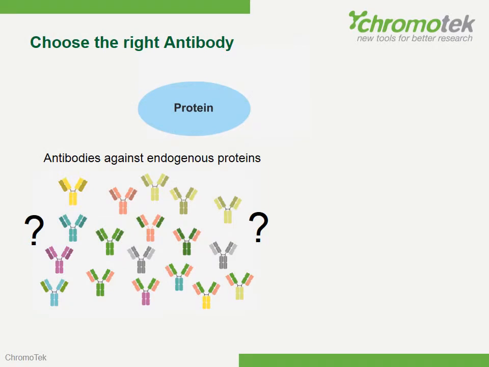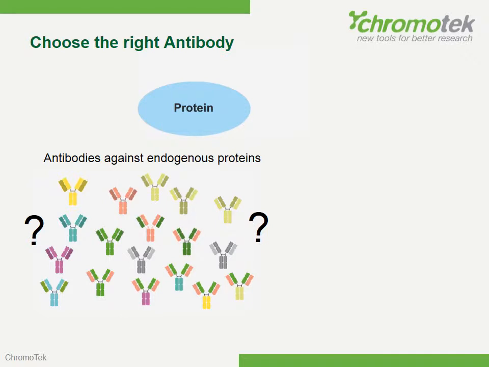So during the last slides, we discussed many parameters which can influence the success of your IP. And all these parameters you have to optimize again and again for every new antibody. But as I already mentioned, good antibodies are available against tag proteins like MYC, HA, FLAG, or GFP.